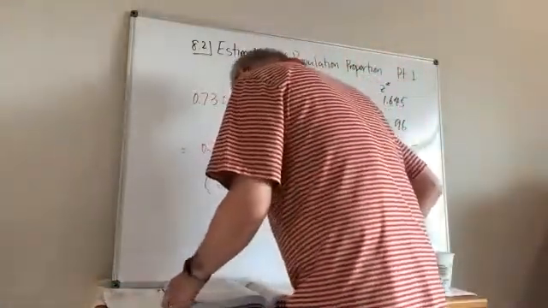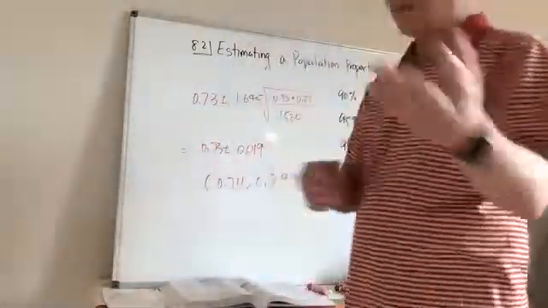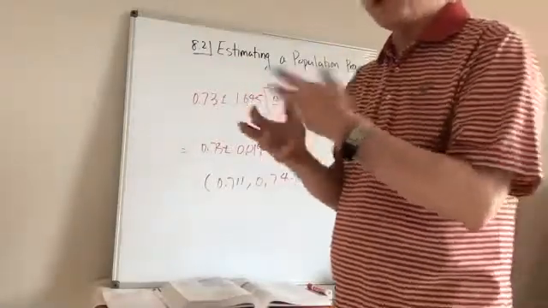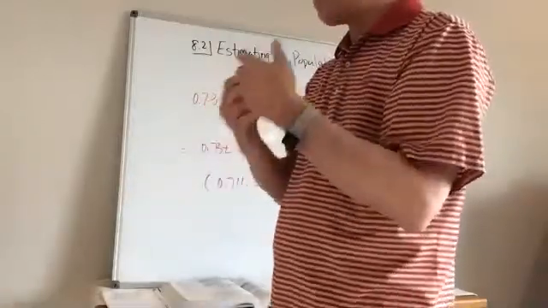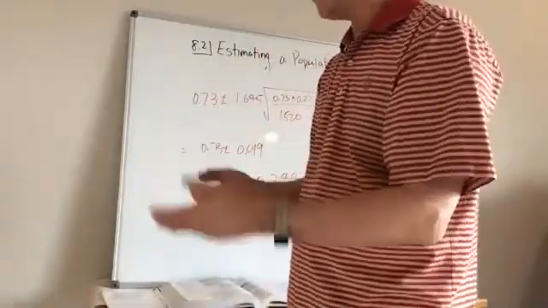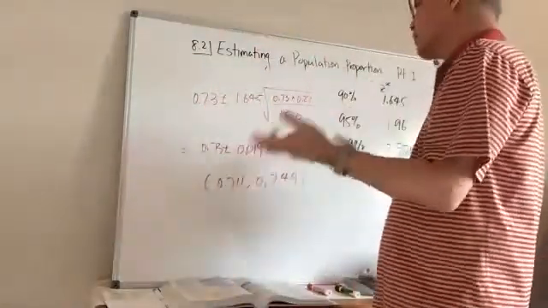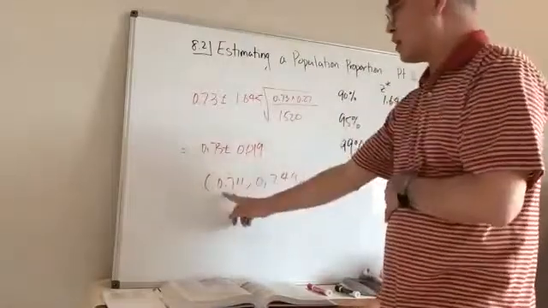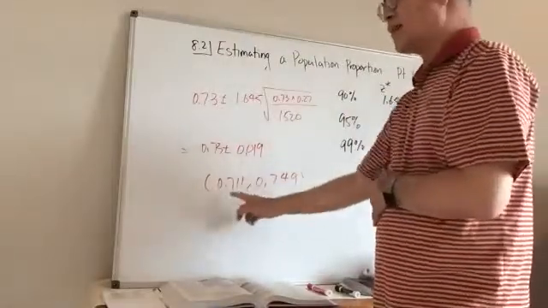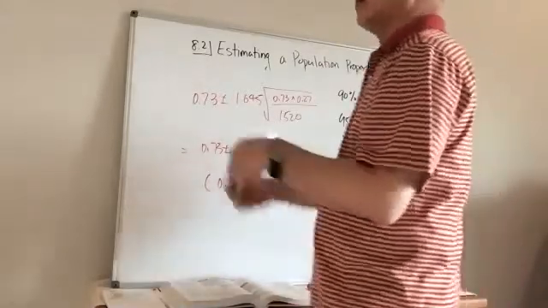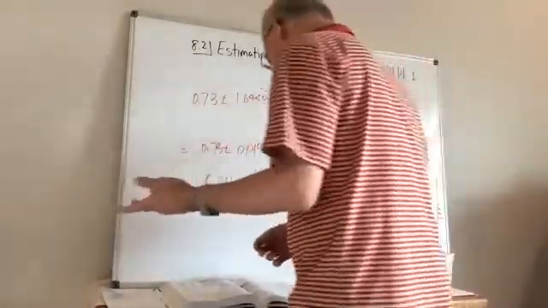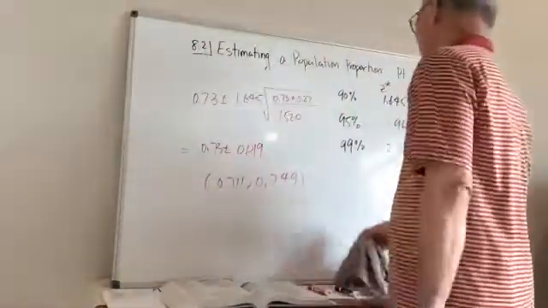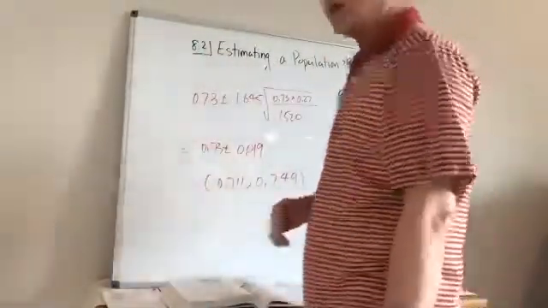You have to have that in the back of your head and be able to spit that out whenever they ask that question. We are 90% confident that this interval contains the true proportion of American adults who have read more than one book in the past 12 months. All right, so we'll stop right here for the first part.